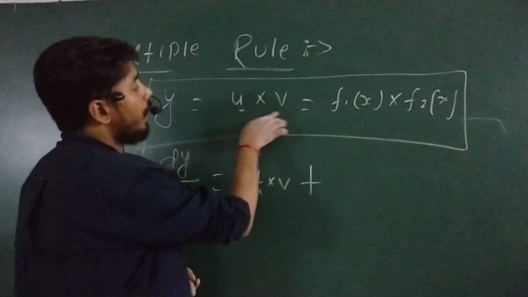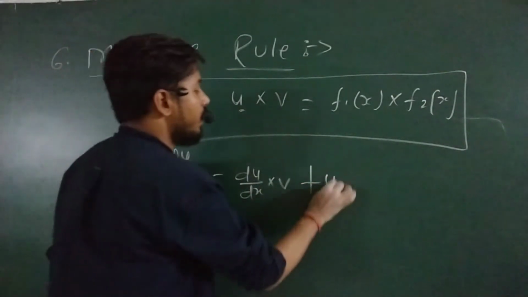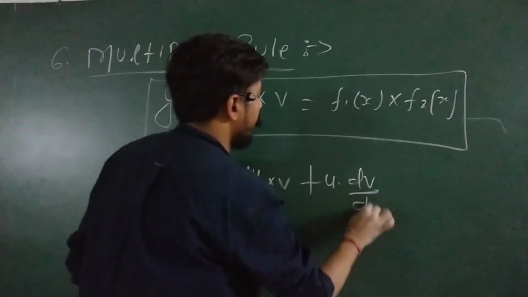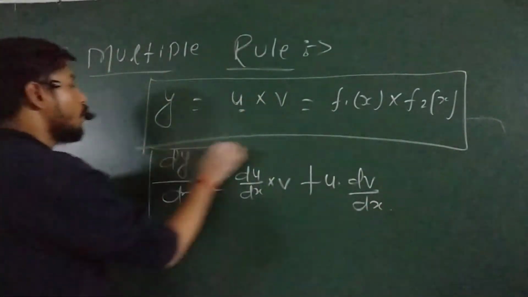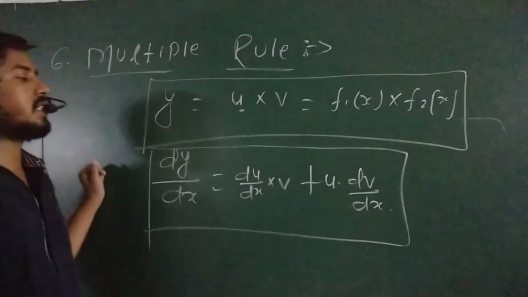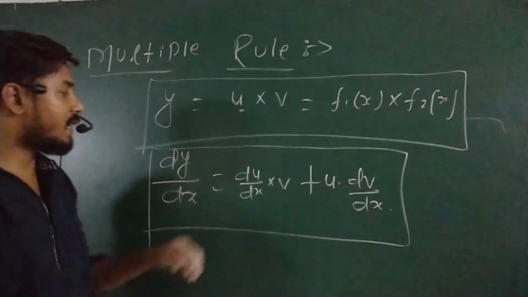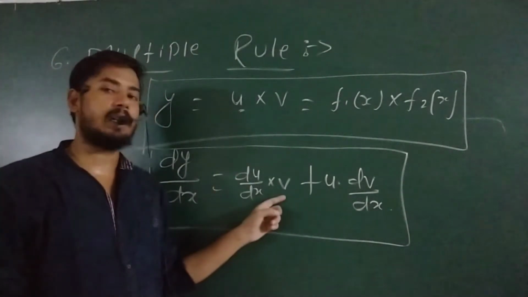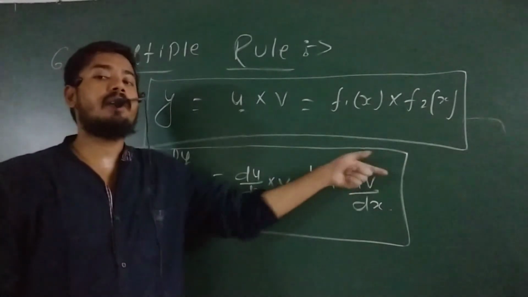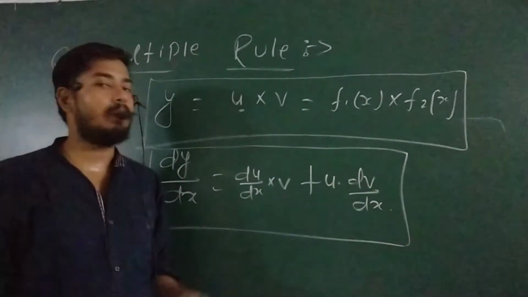It means now you have to catch this one and leave the other, so u into dv by dx. This is the rule of multiplication. Catch any one, leave another. Now catch another, leave any one, right? So this is the rule of multiplication.